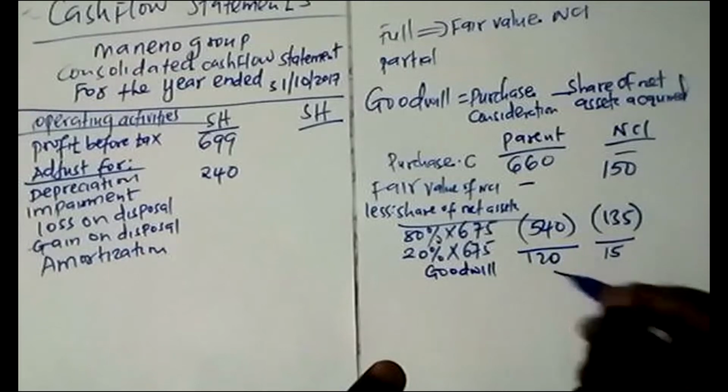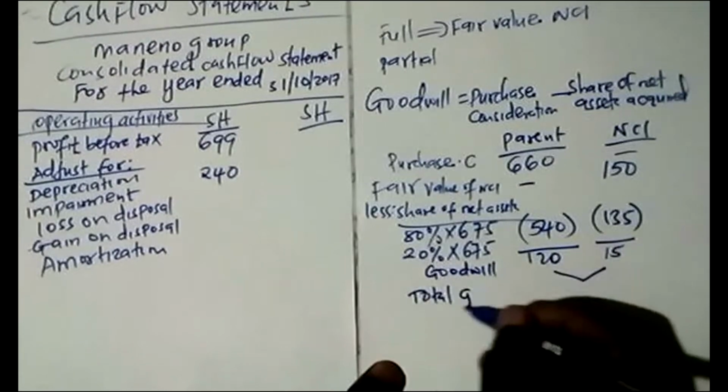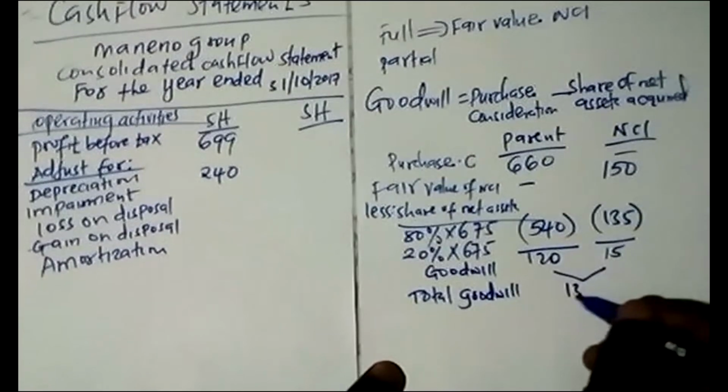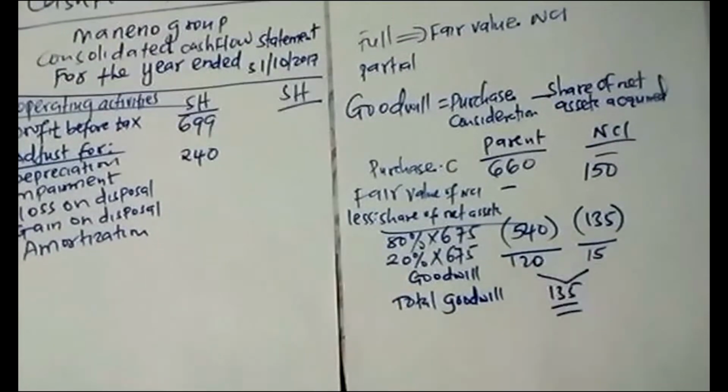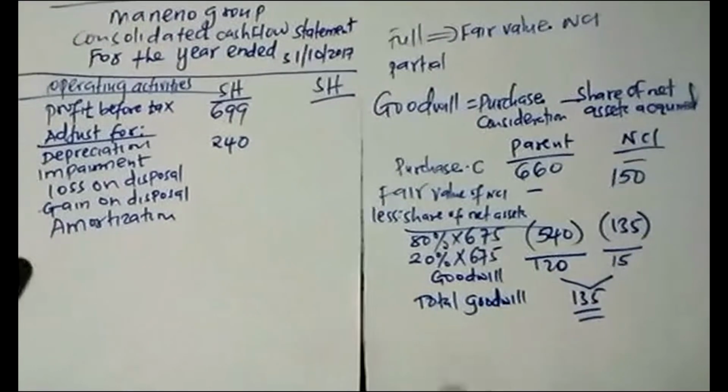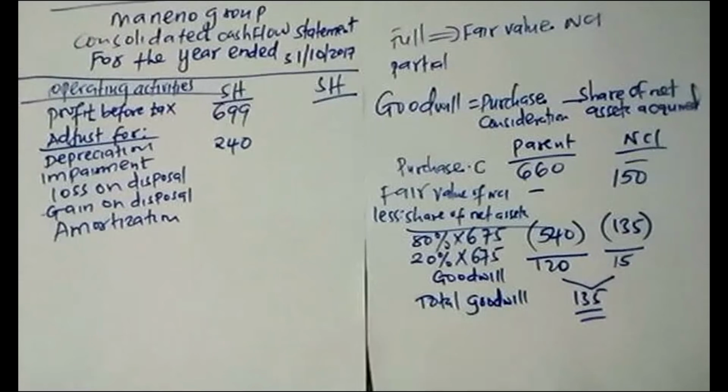So total goodwill here is 135. In order to conclude, remember that we were looking for impairment. That is why I needed to look for the goodwill of the disposed subsidiary before doing my analysis.